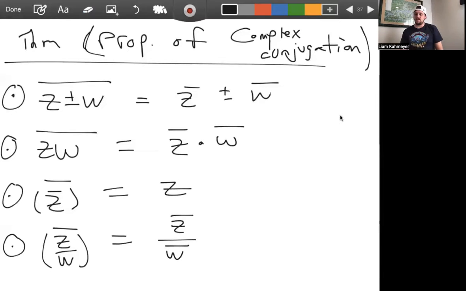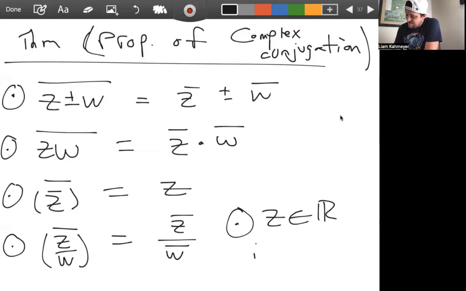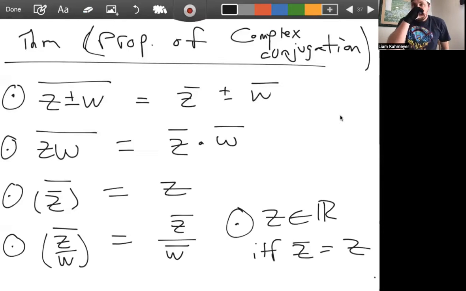So z over w conjugate is z conjugate over w conjugate. And then the last one we have is that z is a real number if and only if its conjugate is itself, right? And that's because that comes from not having an imaginary part to flip the sign of, right?